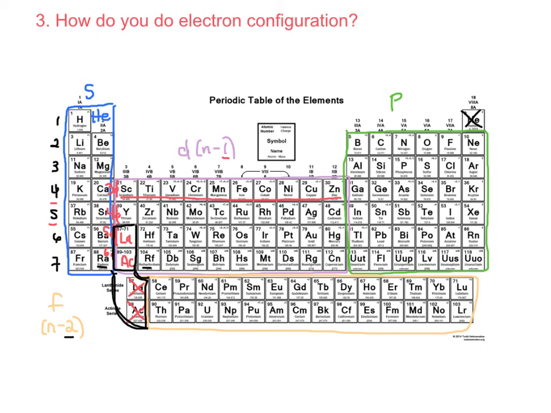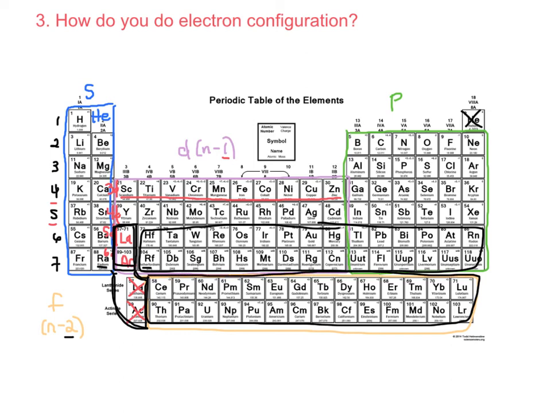That little chunk should just go in this little space. And so that can be a little bit weird, especially when you're doing electron configuration for things that are over here or things that are down in here. So you have to remember that that little chunk kind of fits in there.